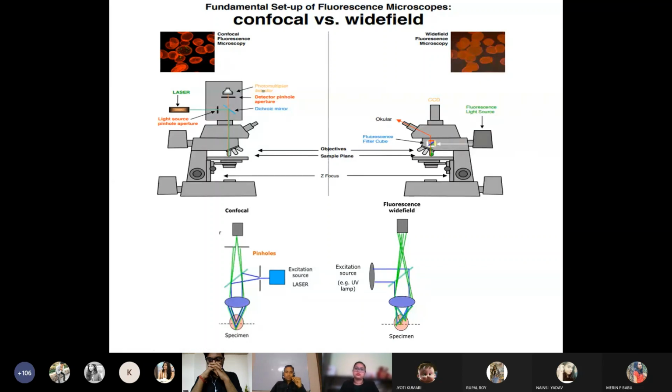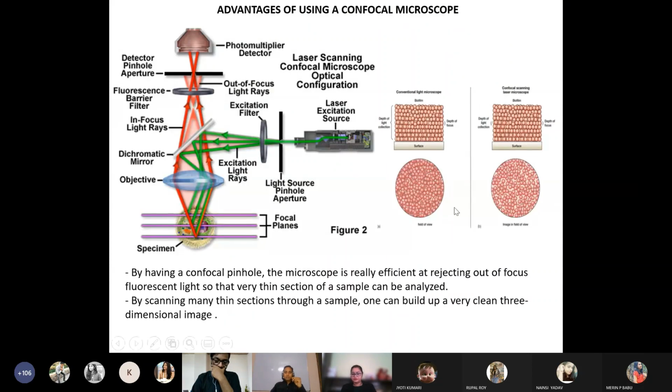Okay, so one of the things is the UV lamp, here the laser lamp. In the confocal, the specimen is very pinpointed, scanned, whereas in the fluorescent it is not pinpointed. So you can see the difference on the right hand side.